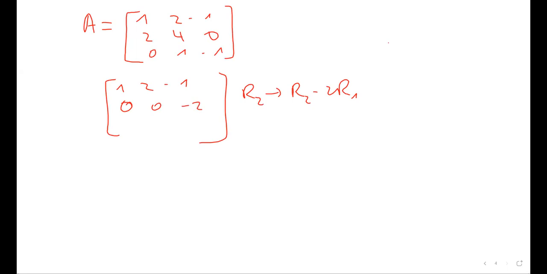And for R3, we just maintain it, right? So here, R3, we have 0, 1, minus 1. We maintain R3.